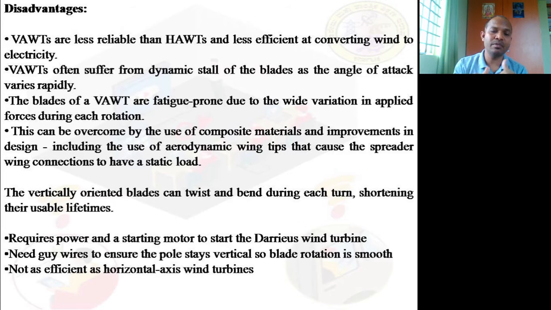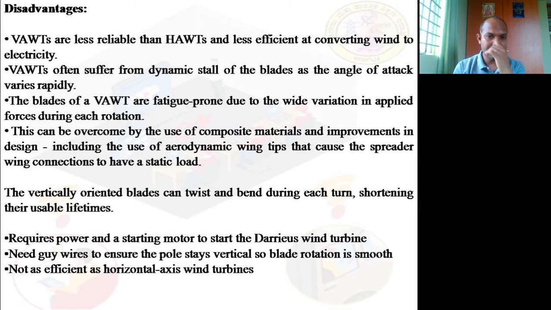It experiences more fatigue load compared to the horizontal one. Whenever the applied forces vary rapidly in each rotation, it may undergo deformations. Once it undergoes deformation, it completely spoils the rotational system.